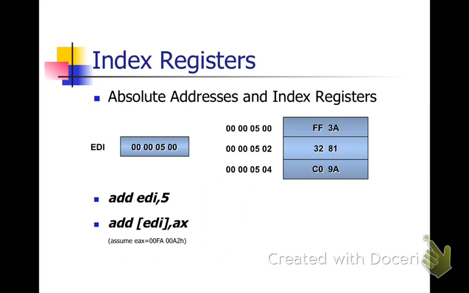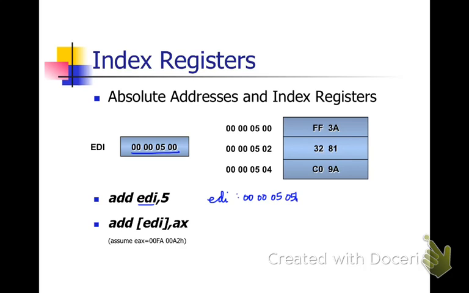When I have an instruction in this form, I'm going to add 5 to the contents of this register. So what's going to be in EDI afterwards? EDI has this in it. Remember, it is a register, so it's in the CPU. I'm going to add 5 to it, so afterwards it's going to have 0, 0, 0, 0, 0, 5, 0, 5. Okay?